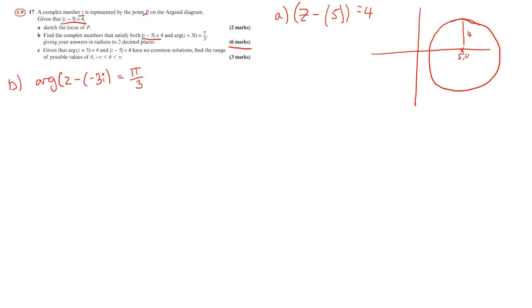So the point should be minus 3i. Minus 3i is going to be down here. I'm just thinking, if it's minus 3i, which is about here, then our angle would not be pi over 3. So we might be missing something here.